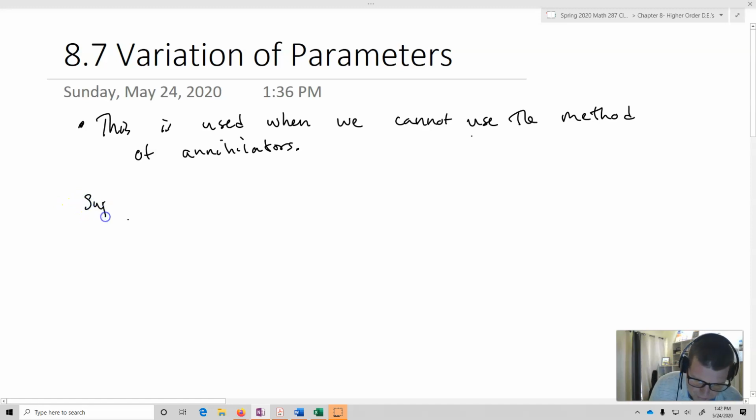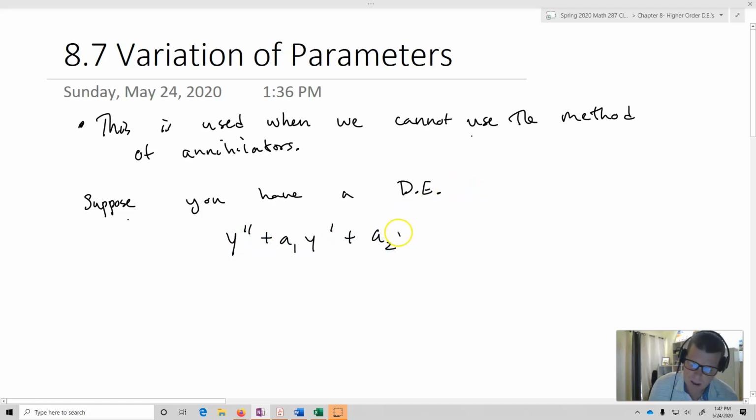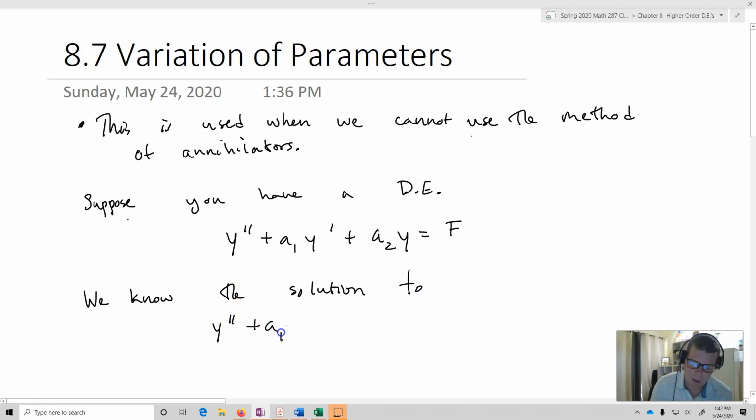So let's suppose you have a differential equation y double prime plus a1 y prime plus a2 y equal to f. So it's not homogeneous. We have an f of x, and in this case we're not going to be able to use the method of annihilators. Suppose that we know the solution to y double prime plus a1 y prime plus a2 y equal to 0.